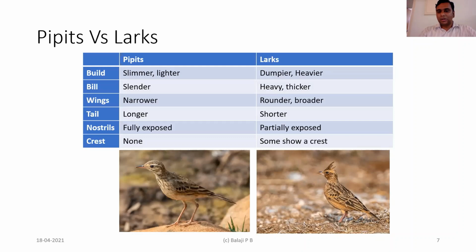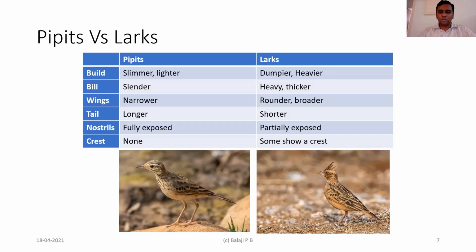The wings are rounder and broader for a lark. The tail is comparatively short. For example, Jerdon's bush lark, which is the most common bush lark, or the Indian bush lark, the tail is actually quite short. And the nostrils are sometimes not at all visible, or they are partially exposed, whereas in the pipits they're fully exposed.